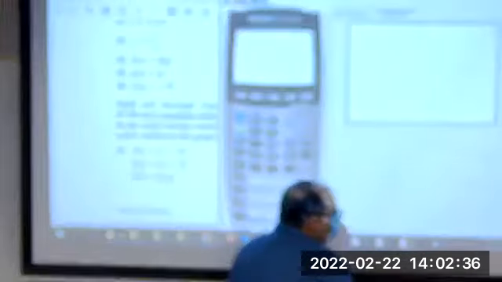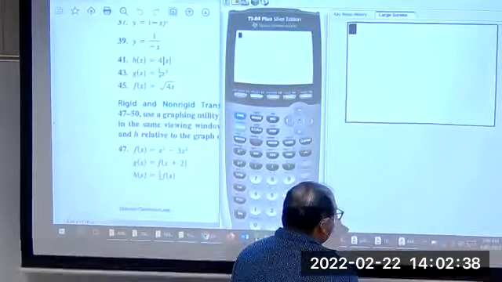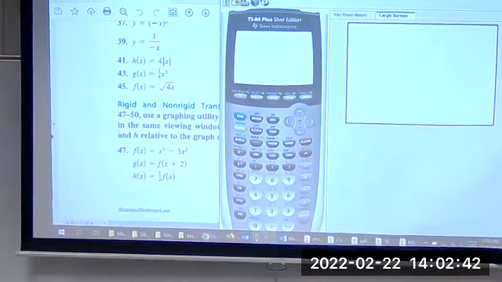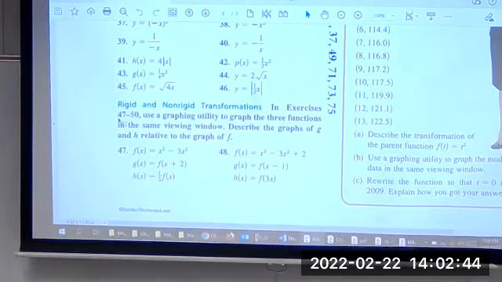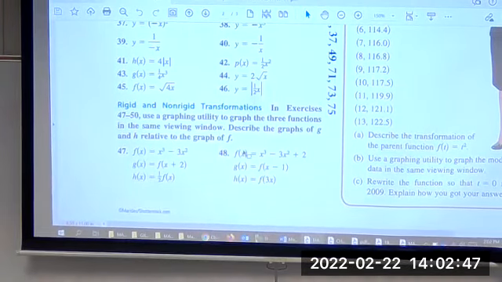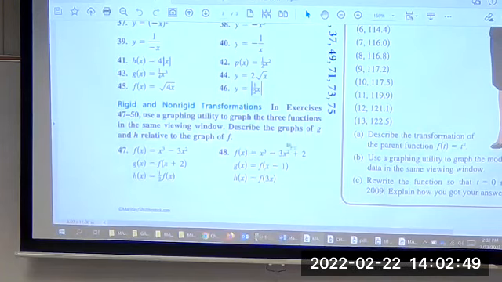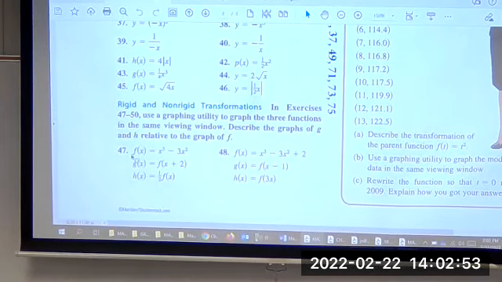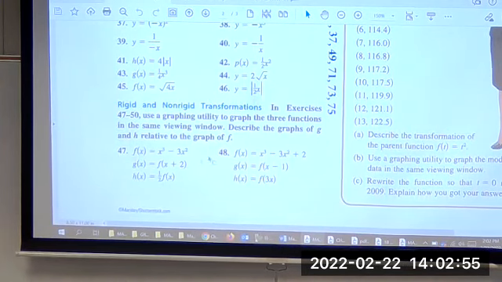it says use a graphing utility, so a graphing calculator. Graph the 3 functions in the same viewing window. Describe the graphs of g and h relative to the first one, f. So f of x is x to the 3rd minus 3x squared.